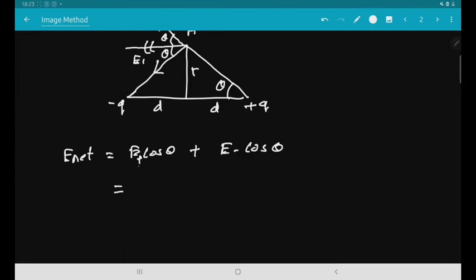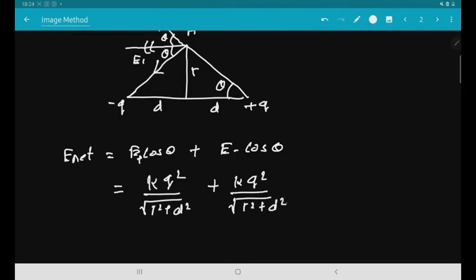So E plus cos theta means what we have, kq square divided by the distance. Distance is root of r square plus d square. And E minus cos theta is also the same, kq square. I have taken small q, so let me write small q here. Distance will be the same, r square plus d square.